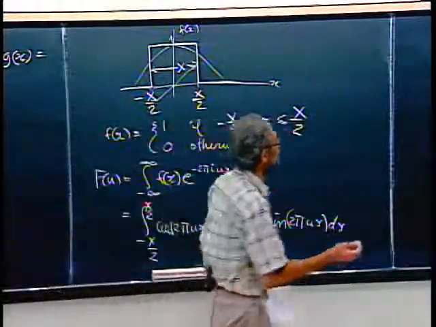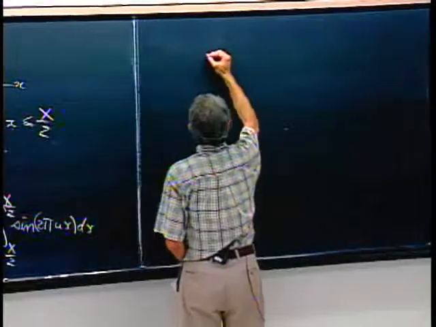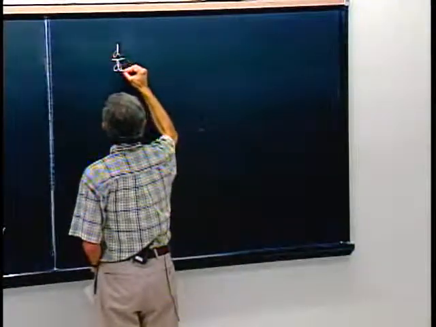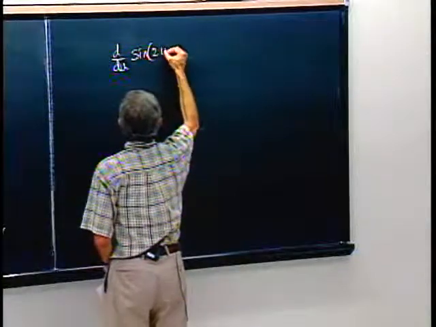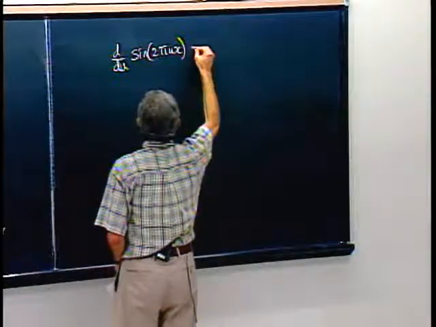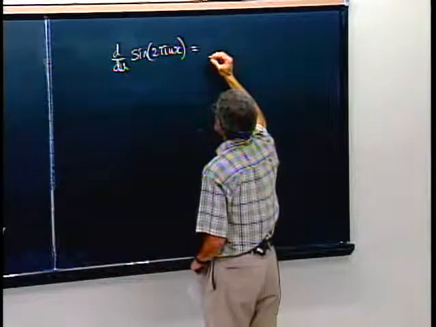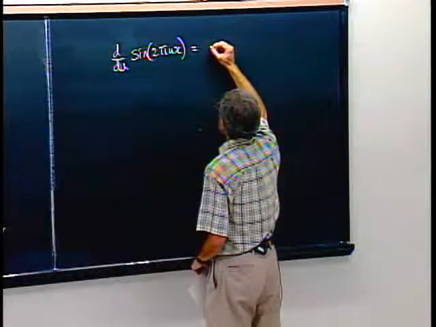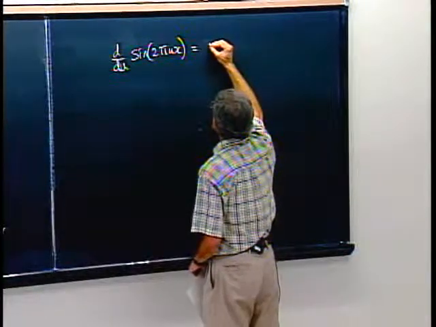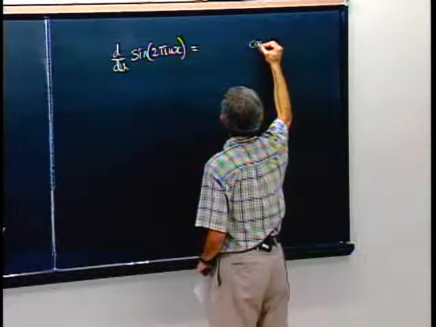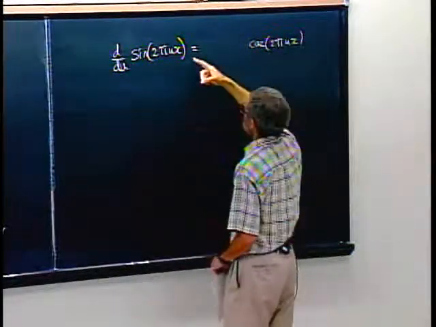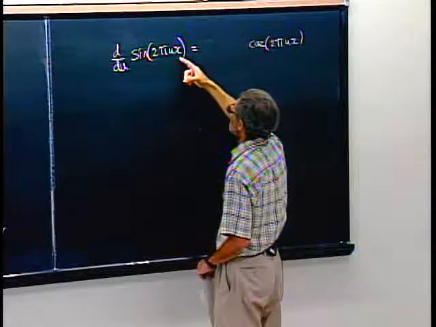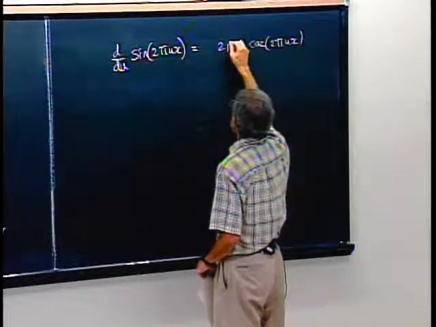And I guess the derivative of the sine, if I take d dx of sine 2 pi ux, I'm going to get the cosine 2 pi ux times the derivative of this with respect to x, which is 2 pi u.